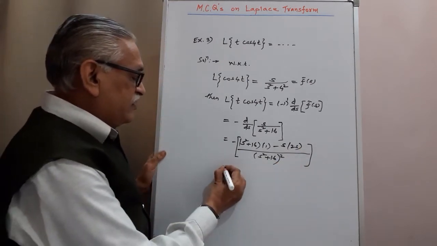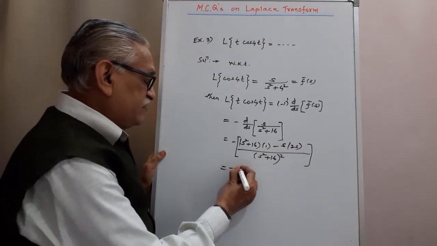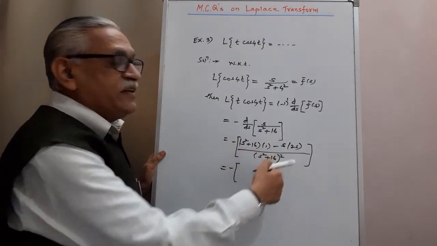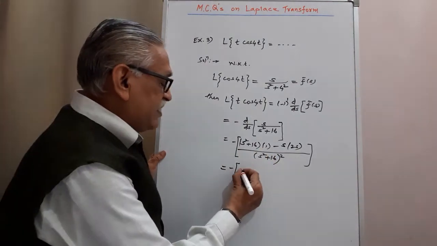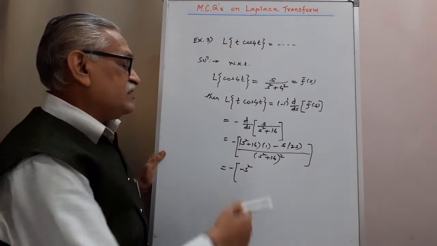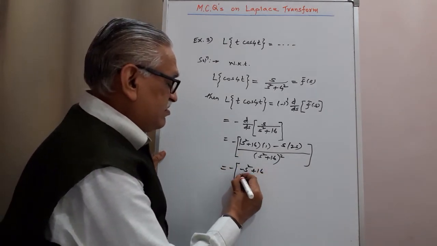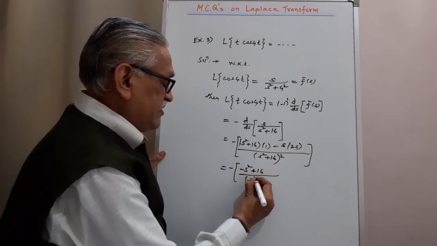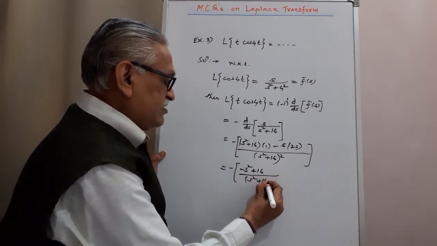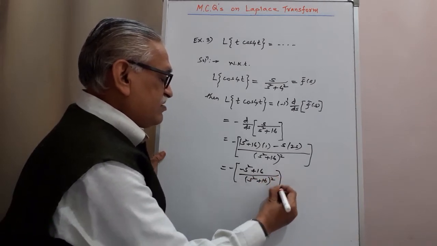Therefore it is equal to minus s square minus 2s square, which gives minus s square plus 16, divided by s square plus 16 whole square.